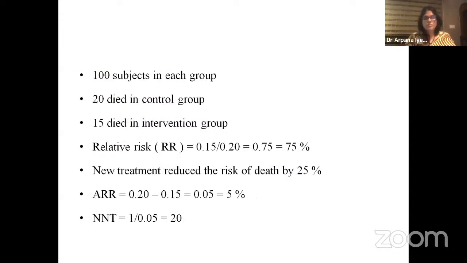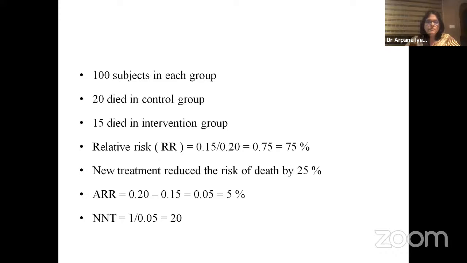For example, I have taken a small example where there are 100 subjects in each group, and we have added a new drug to see whether it is helpful or not. 20 died in the control group and 15 died in the intervention group. So definitely there is some mortality benefit in the intervention group; that's what we thought. Then relative risk is simple mathematics: 15% by 20% comes to 75%.